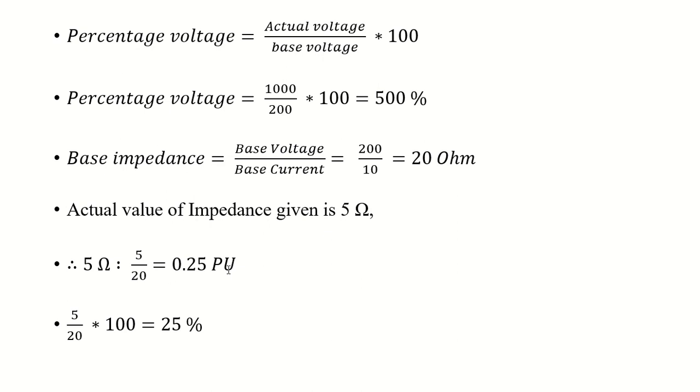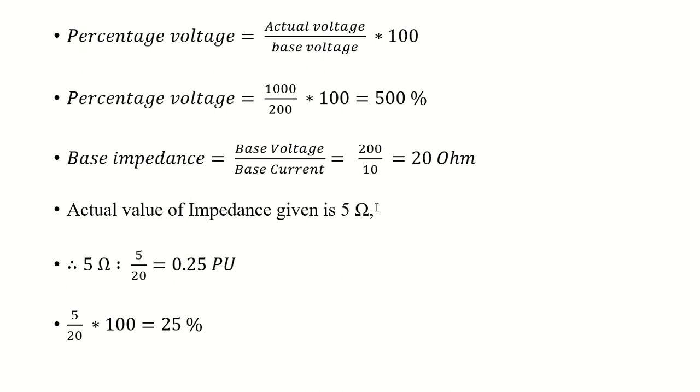They are unitless because each is nothing but the ratio of the actual quantity to the base quantity. The quantity remains the same, so the units cancel each other out. I hope you are very clear with the per unit values and percentage method.